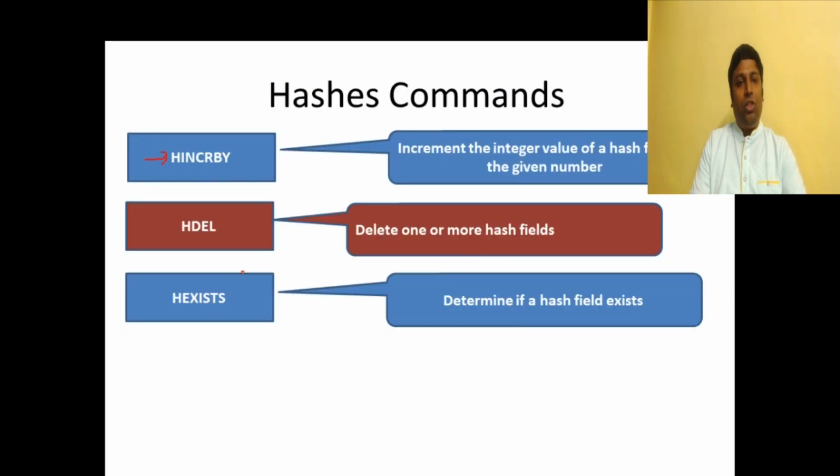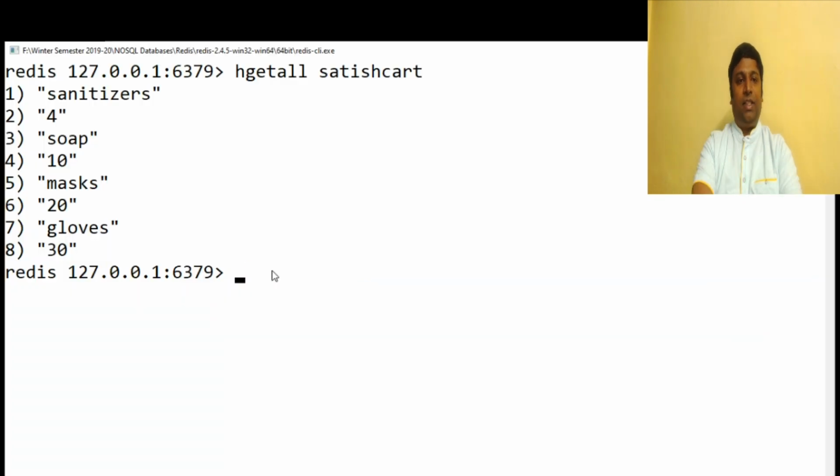So we have two more simple commands. HDEL. The use of HDEL is for deleting a field from the structure. We can delete a particular field from the structure. Say Satish is not happy with the product by name gloves. You want to delete that.